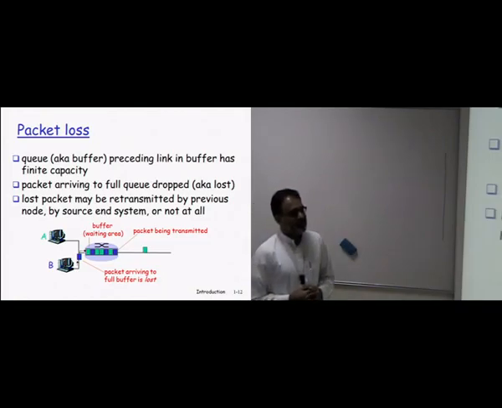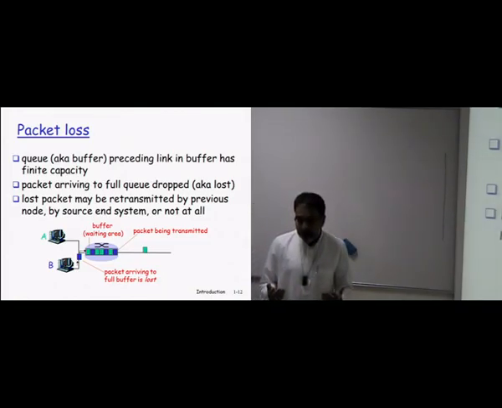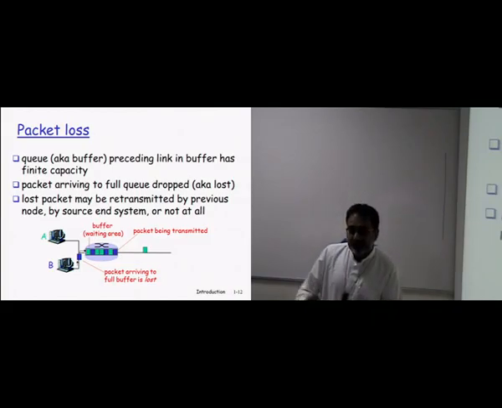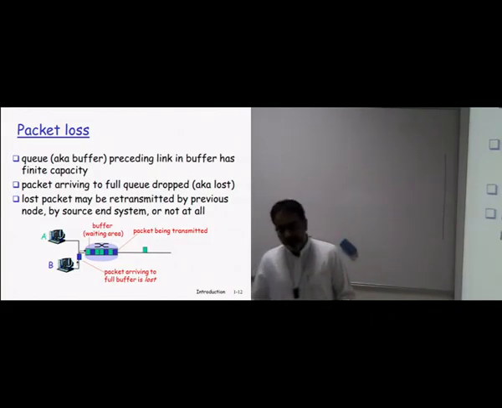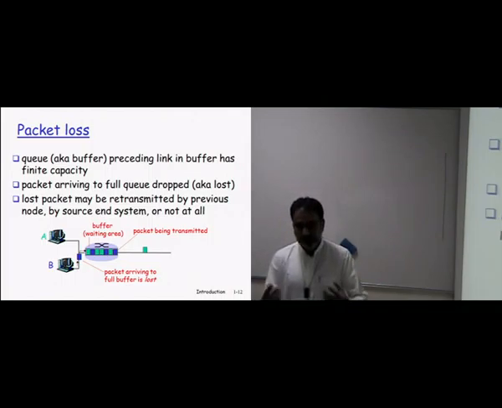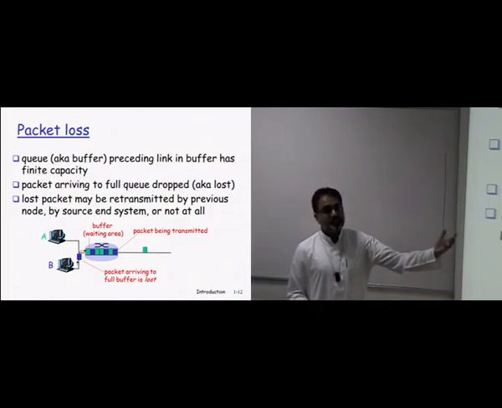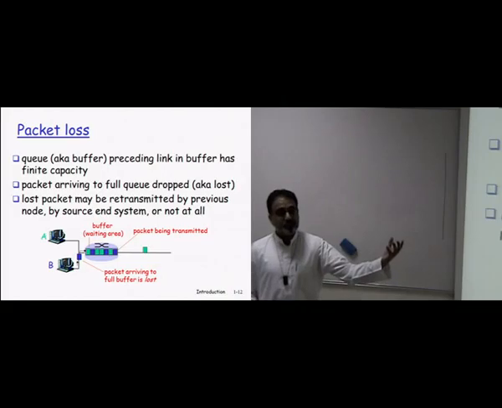Why? Because the buffer was full. If it is dropped, it means the packet has not reached the destination host. It means it has to be retransmitted from the source host again. Clear? It has to be retransmitted by the source end system again. Clear? So the buffer is the waiting area.